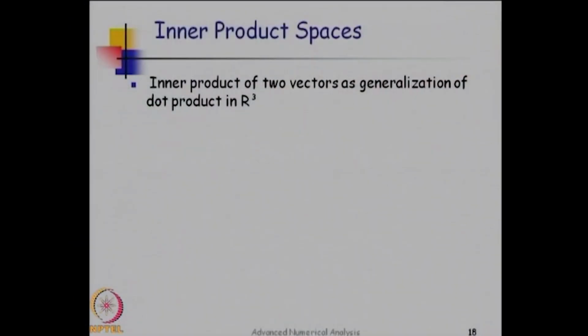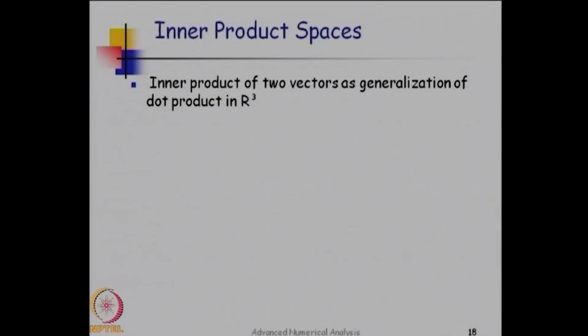So we are going to look at inner product spaces. Inner product spaces are a generalization of 3-dimensional vector spaces with the dot product defined in them. We are very familiar with the dot product.